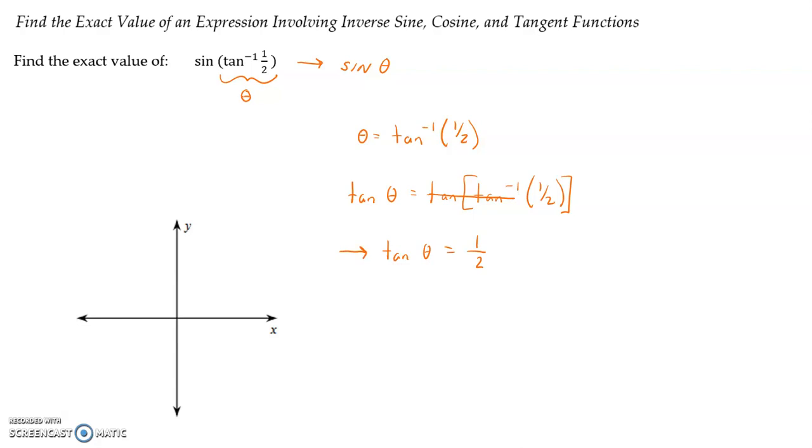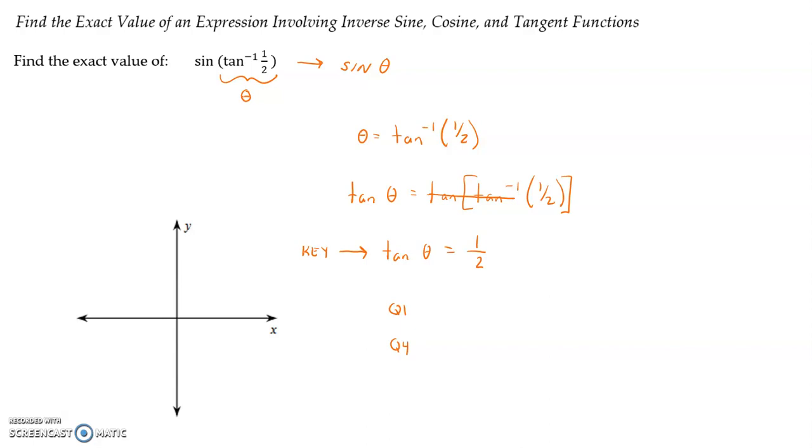Now, this piece of information is going to be the key piece of information that we need so that we know what quadrant to draw our triangle in. Keep in mind, when you're working with tangent and its inverse, you are restricted to two quadrants, either quadrant 1 or quadrant 4.